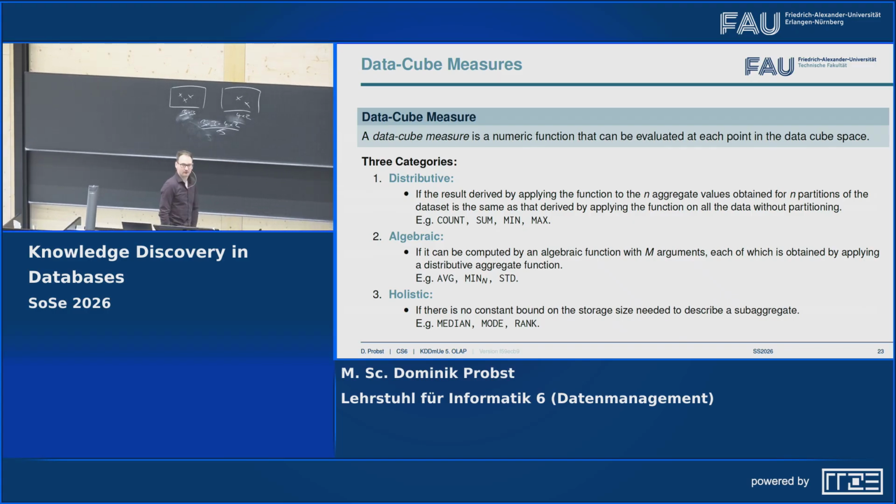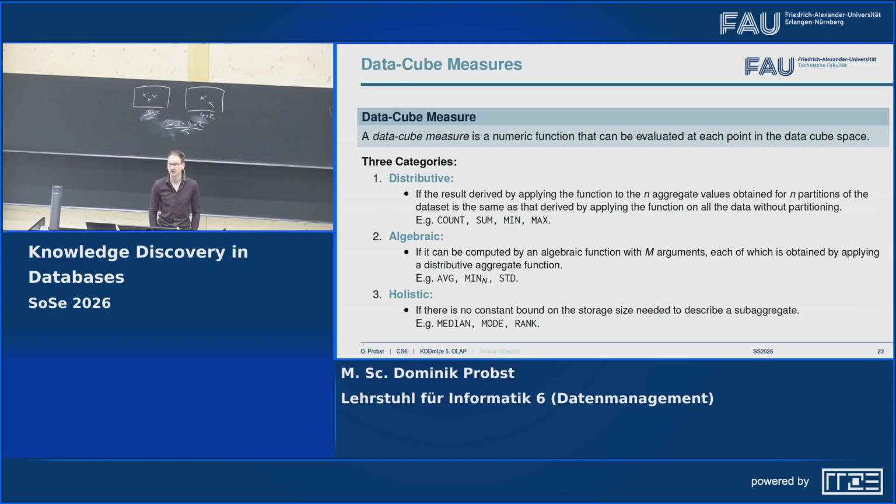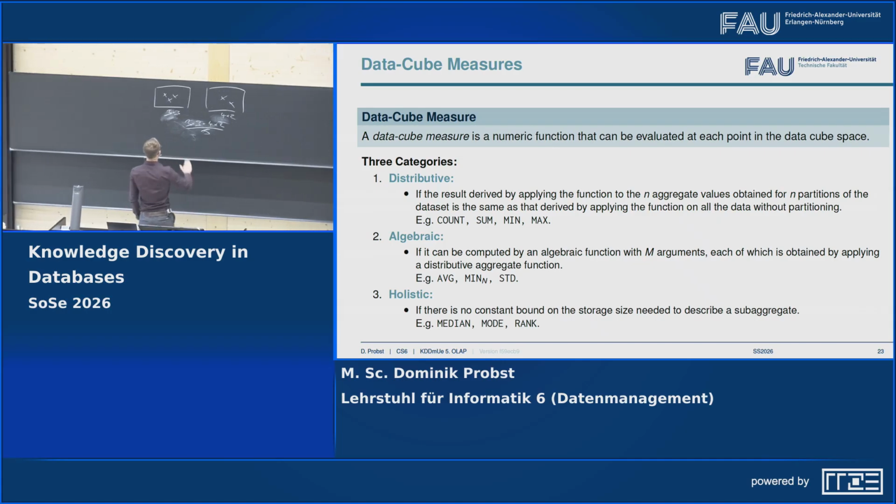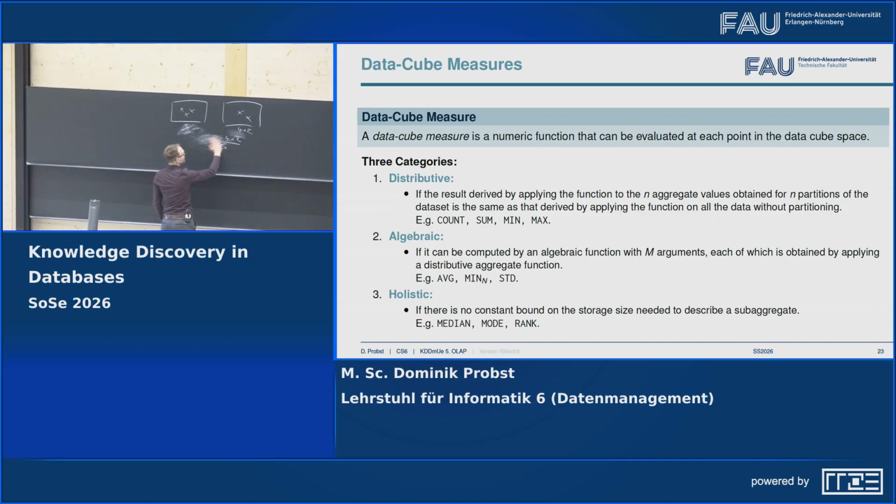And then we have the last kind, the holistic one, where we have to take a look at all the data at hand. For example, a mode. There's no way to find out what the mode of these 2 partitions would be in total if you simply know this is 3 and this is 4.